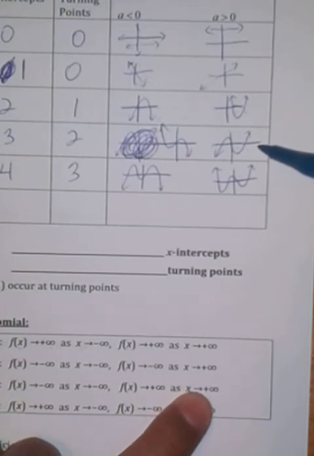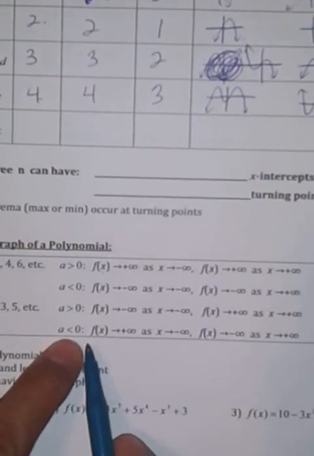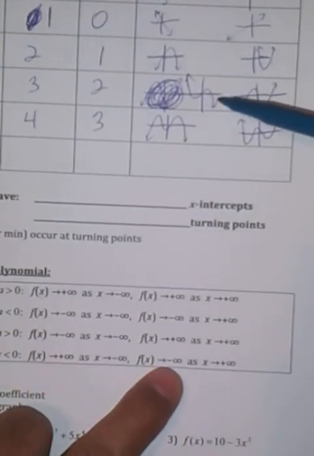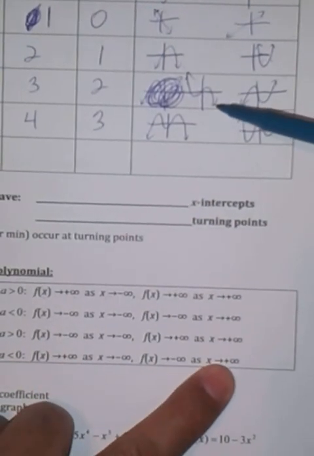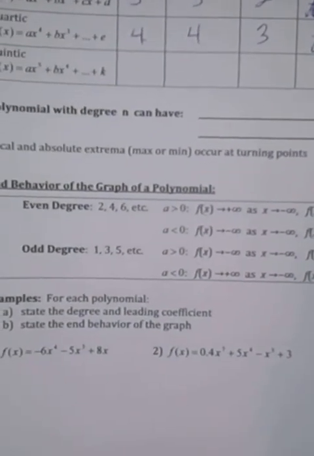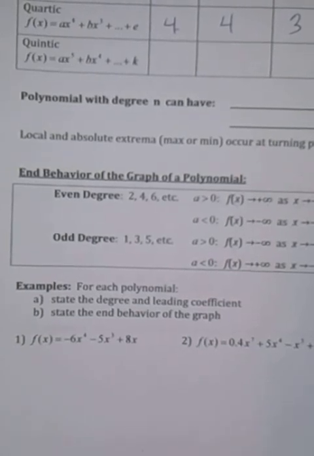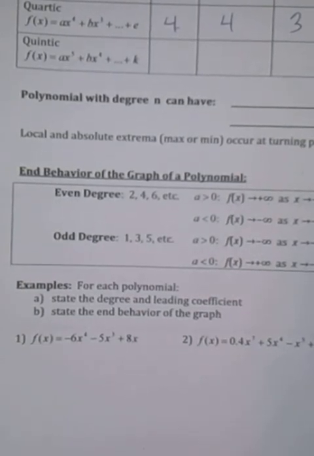It means to the right. And for a less than 0, f of x goes to positive infinity as x goes to negative infinity. That's this one. And f of x goes to negative infinity as x goes to positive infinity. All right, I'm going to stop this video there, and then we'll look at these examples and see how we figure out the degree, leading coefficient, and the end behavior. Okay, let me stop this part here.